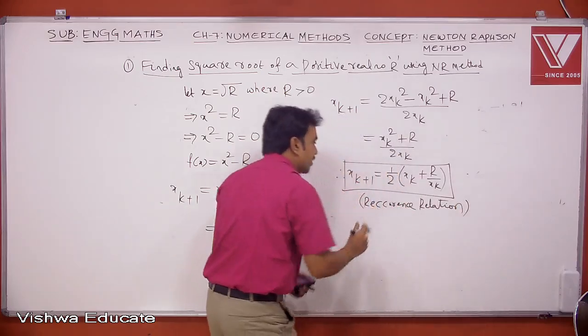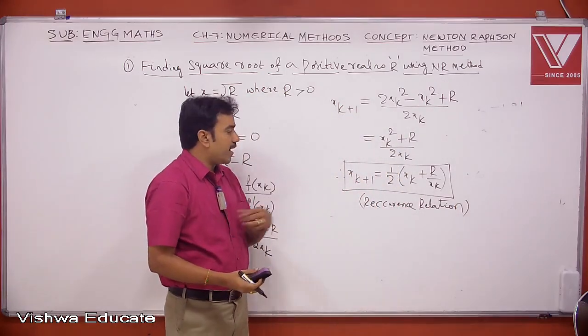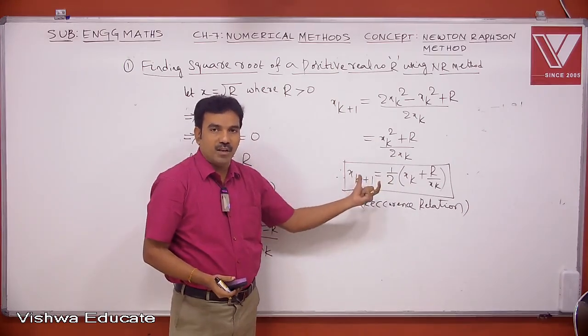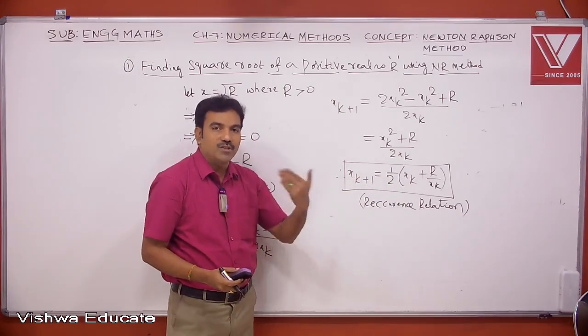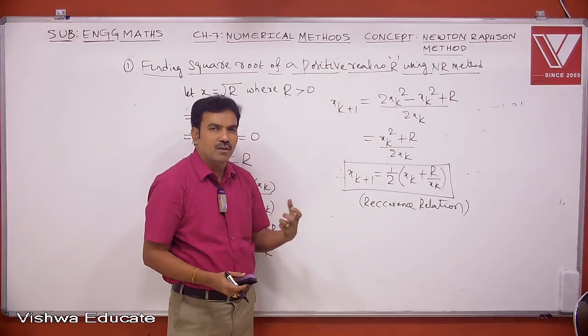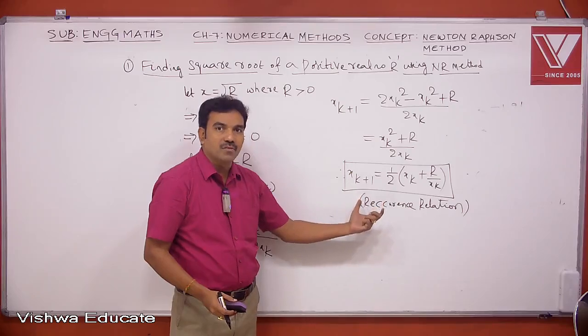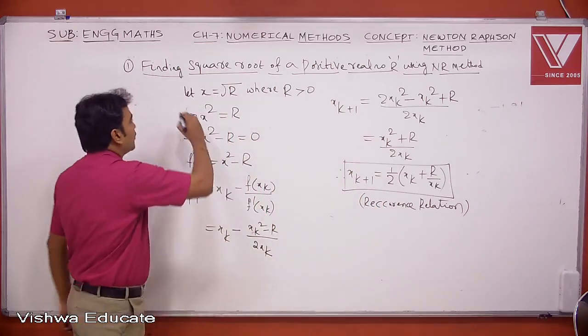Why it is called a recurrence relation: to get xk plus 1, I should know xk; to get xk plus 2, I should know xk plus 1. So the current value always depends on the previous value. Such procedures are called recursive procedures, and such equations are called recurrence relations. So note this point, this is very, very important.